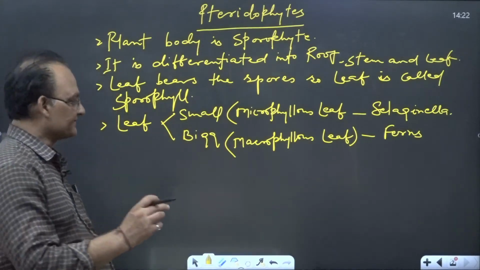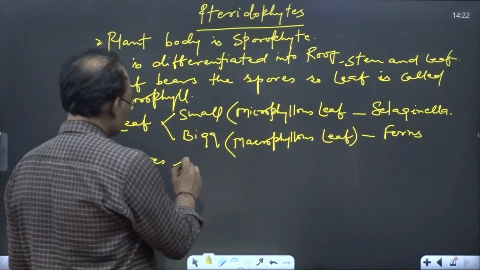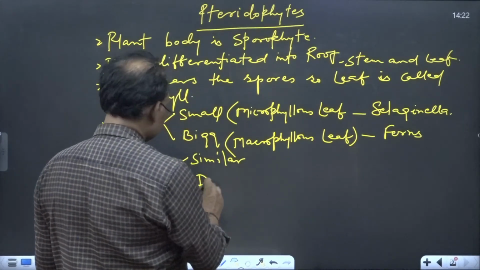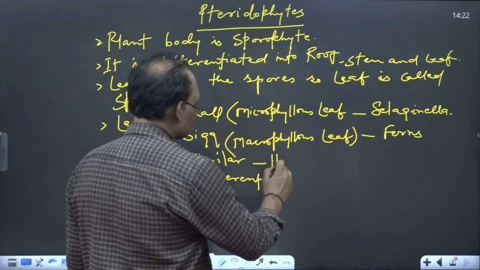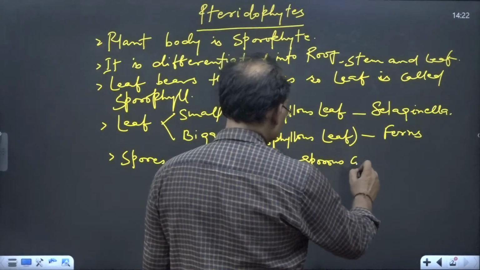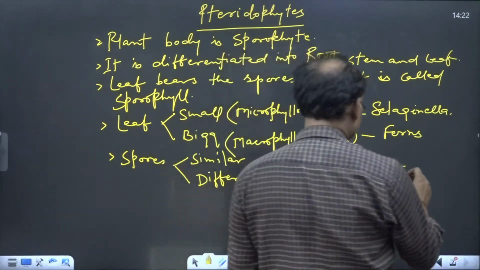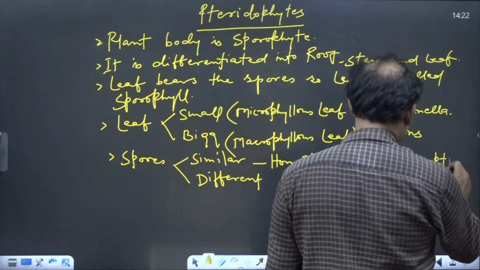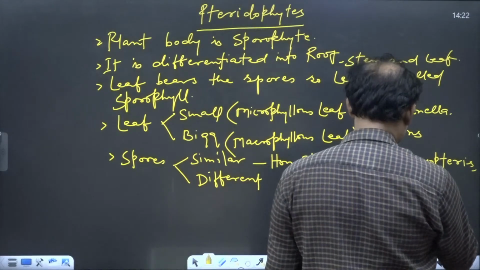Now spores can be similar or different. If similar, then it is called homosporous condition. This is found in Dryopteris and Adiantum.